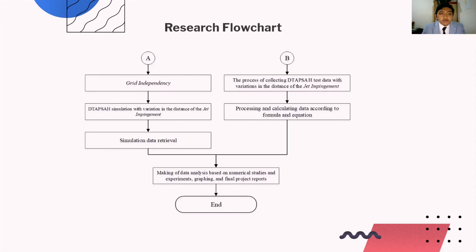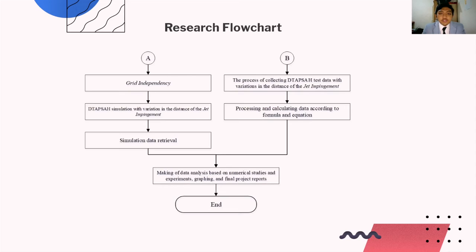And for the numerical flowchart, there is grid independency. After that, we can do the DTAP-SAH simulation with variation in the distance of the jet impingement, and then there is simulation data retrieval.